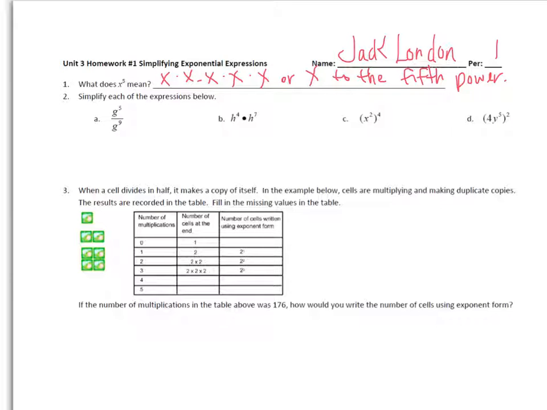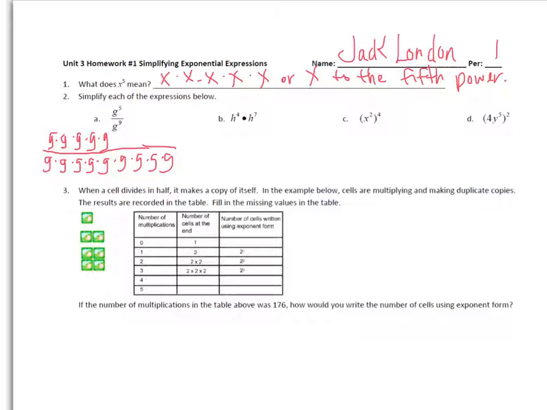Number 2 says simplify each of the expressions below. Our first one, A, has g to the fifth over g to the ninth. I want to remind you that g to the fifth means g times g times g times g times g over g times g times g times g times g, nine of them.